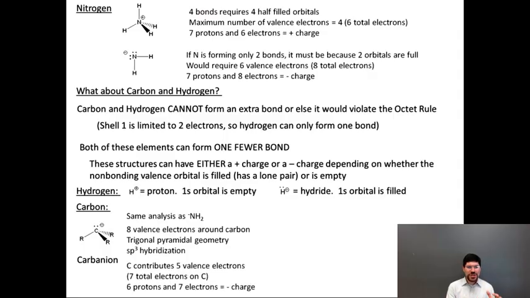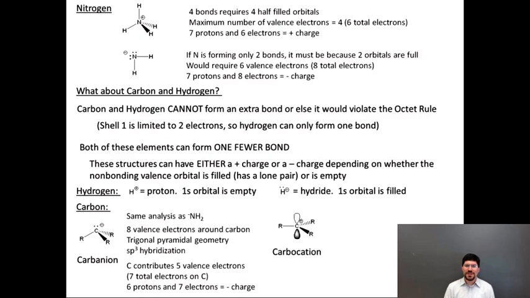The carbon contributes 5 valence electrons, 2 in the lone pair and 1 in each of the 3 bonds. Add in the 2 1s electrons, and there are 7 total electrons on carbon. 6 protons, what it means to be a carbon, and 7 electrons means you need to put a negative charge on it.